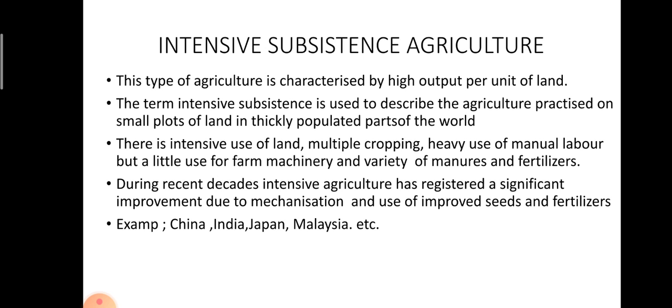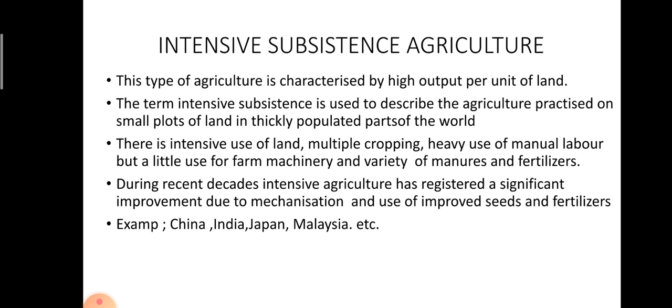Although the nature of this agriculture has changed, and in many areas it is no more subsistent, the term intensive subsistence is still used. Actually, subsistence means the old method of farming, but nowadays intensive subsistence means the farmers also use modern equipment, modern tools and fertilizers. That's why the production is also increased.